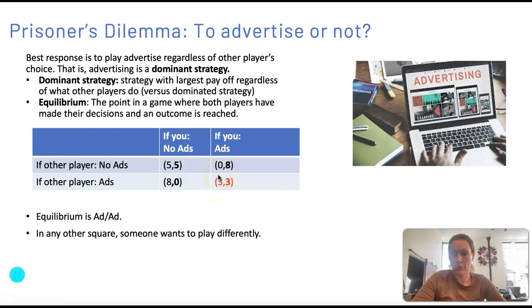You also know, though, that you shouldn't hold out hope for that payout of $8 million because you know that your competitor has the same or very similar payoffs as you. So you can predict their actions ahead of time. You know which box you're going to end up landing in because not only do you know what choice is best for you, you know what choice is best for your competitor.